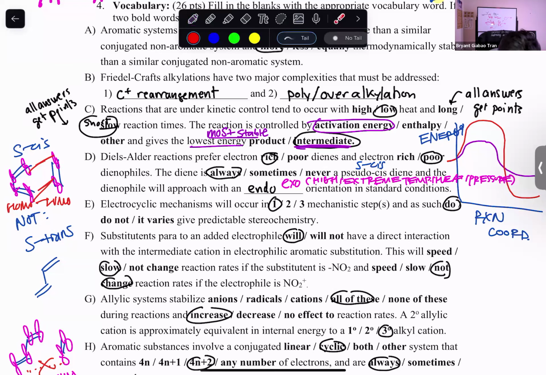If it's an EDG, it's going to increase the reaction rate because it's an activator. If it's an EWG, it's going to decrease the reaction rate because it deactivates the ring. The electrophile here does not affect the reaction rate at all. This electrophile could be anything, depending on what the reaction is. Electrophile does not affect EAS reaction rate.